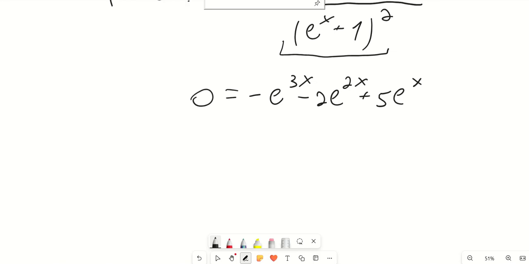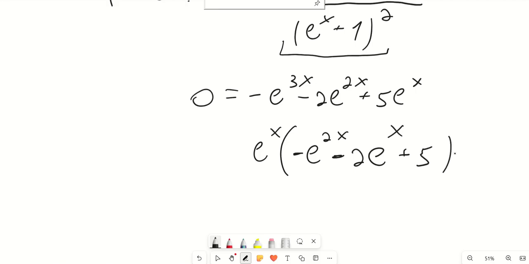Now I will take e to the power of x out. So I am left with negative e to the power of 2x, minus 2 e to the power of x, plus 5.